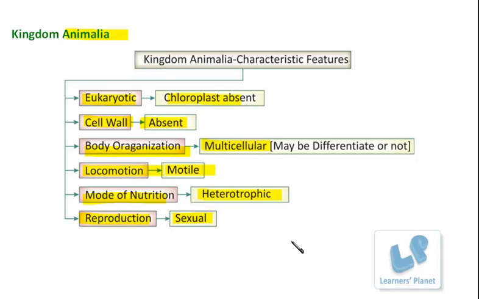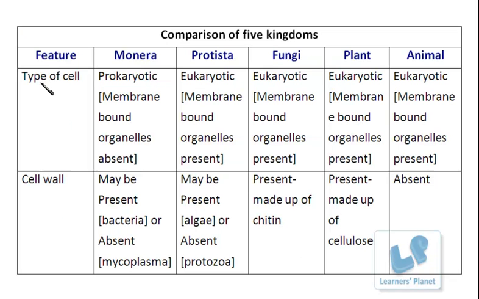And after that, we will discuss the subclasses or the different groups or subgroups of the kingdom Plantae and the kingdom Animalia. For now, let us look at a comparison table.